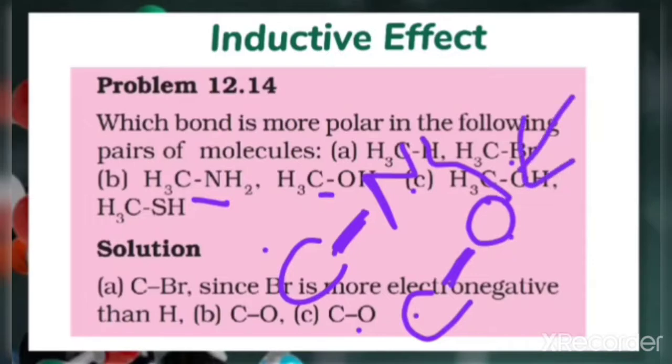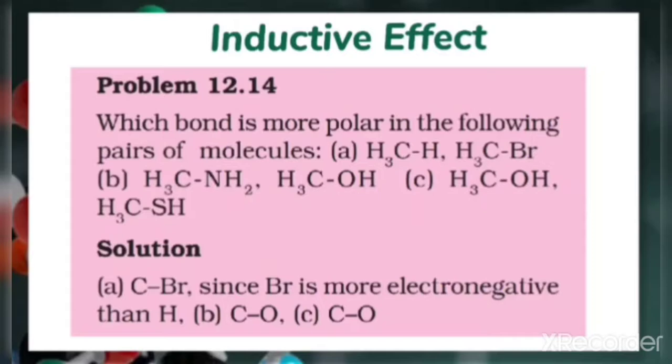Definitely oxygen, because when you compare its position in the periodic table, after nitrogen comes oxygen. Oxygen is in group 16 and nitrogen is in group 15. So that's why O is more electronegative, so greater will be the polarity of this bond. So the C-O bond is more polar.